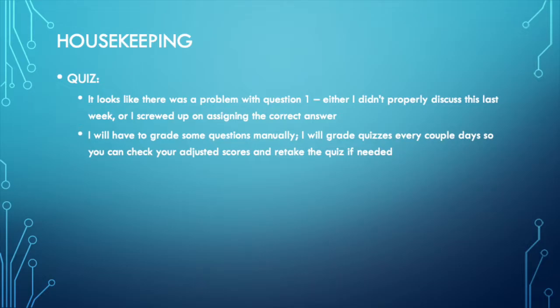So we're going to start with a little bit of housekeeping regarding the quiz that I posted on Monday. A couple of things. If you didn't get the email that I sent out to everybody, there are going to be some cases where I have to manually go in and grade certain questions like short answers, sometimes fill in the blanks, because for the fill in the blanks, the computer is looking for the exact answer that I type in.